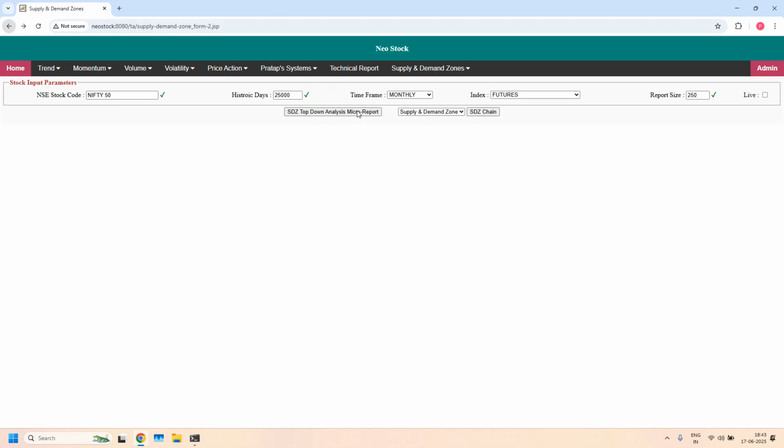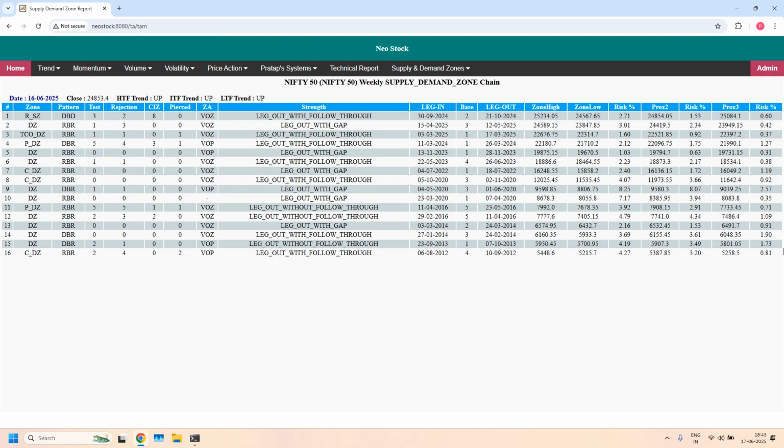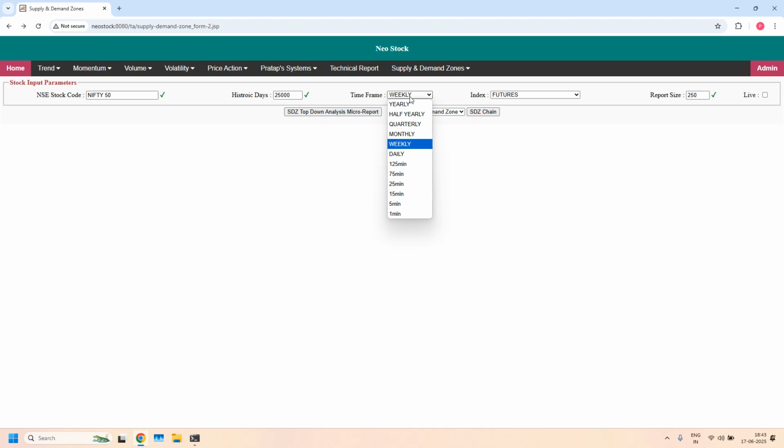Okay, next, generating a weekly supply demand zone chain for NIFTY. Next, generating the daily supply demand zone chain for NIFTY.